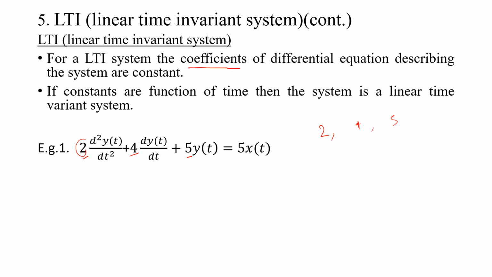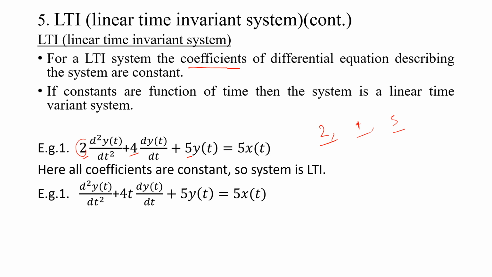These are all constant coefficients, so it is called a linear time invariant system. Similarly in d square y, here the coefficient is 4t. 4t means time dependent, so it is a time variant system. If a coefficient is a function of time, it is called a time variant system. Whether it is linear or nonlinear we cannot say without checking the equation. If superposition always holds, then it is linear; if not always, then it is nonlinear.